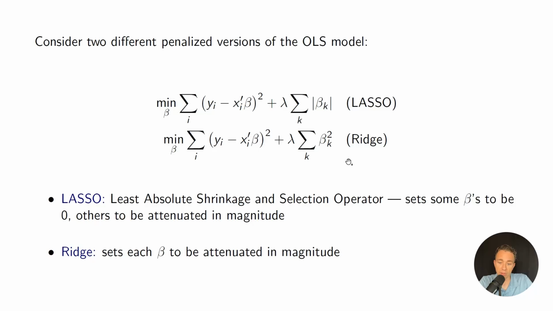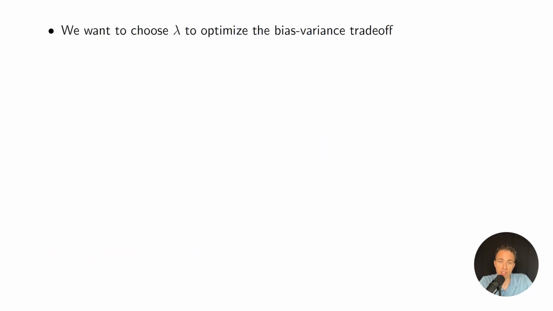And so the value of lambda is going to govern how much complexity we're going to allow, and that's the process of regularization. So we want to choose the optimal lambda that satisfies the bias variance trade-off that we talked about a couple of videos ago. And we're going to do this by using the k-fold cross-validation that I illustrated earlier.